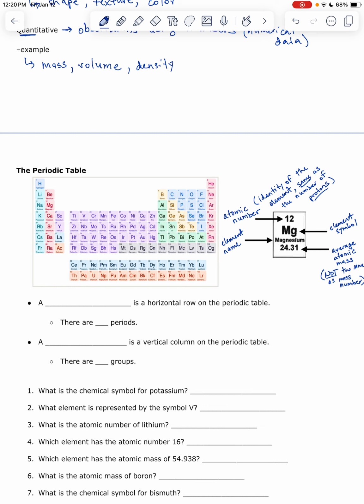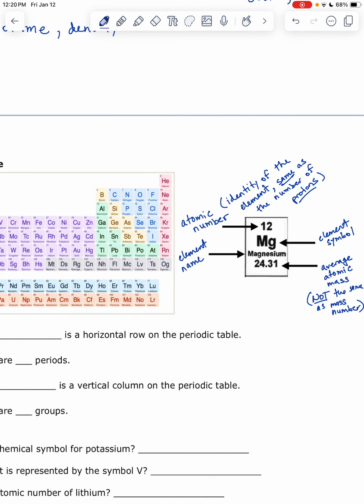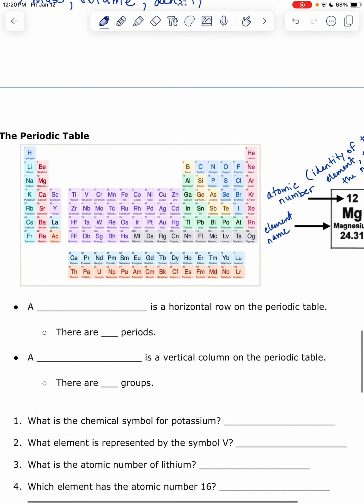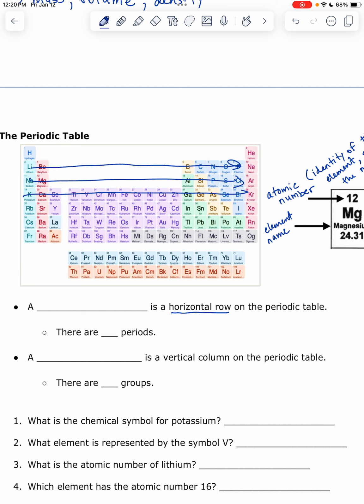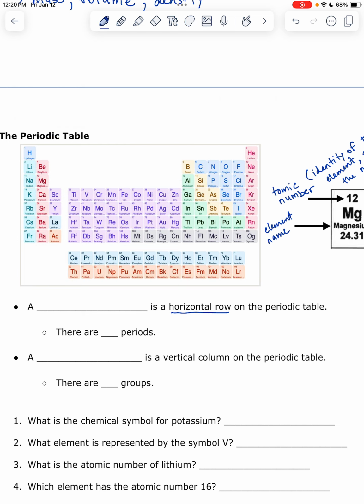But that's nice to be able to at least put a definition to a value that you see there. Horizontal row, so all of these going this way, rows, each row you have what we call a period, all right? Periodic table, period. So a period, and we're going to be using these terms a lot. A period is a horizontal row.